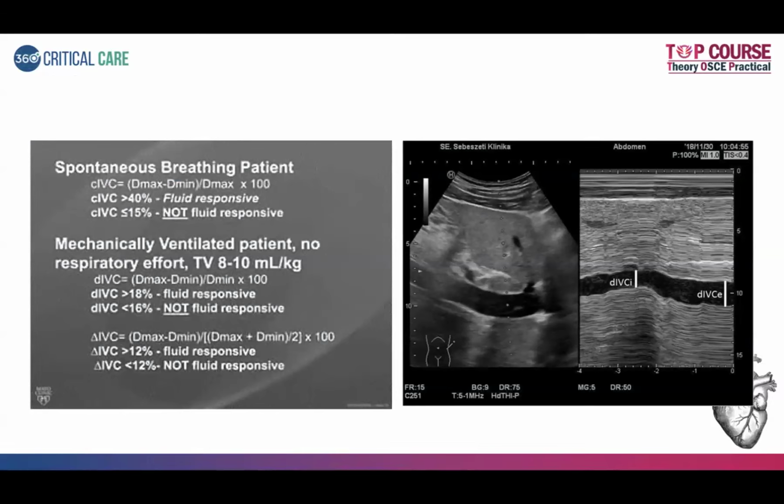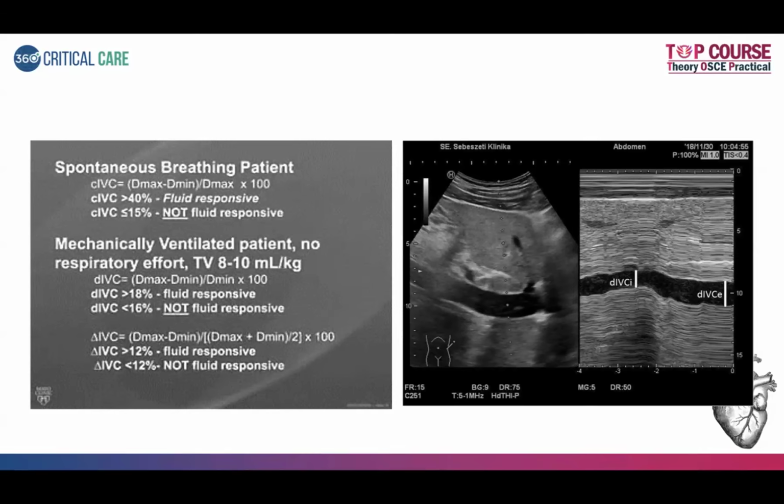But in a mechanically ventilated patient with a tidal volume of 8 to 10 ml per kg, which is a baseline requirement you should remember, we measure the distensibility index, that is Dmax minus Dmin by Dmin into 100. Any value more than 18%, the patient is considered to be fluid responsive. Any value less than 16% is considered non-fluid responsive.